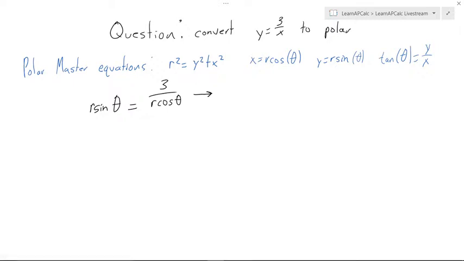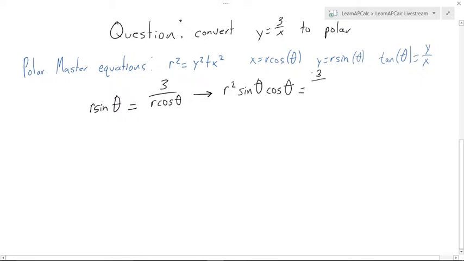So here what we're going to do is multiply both sides by r cosine theta. We're trying to get r equals, so we're going to multiply both sides by r. This leaves us with r squared sine theta cosine theta equals 3 over r cosine theta times r cosine theta.